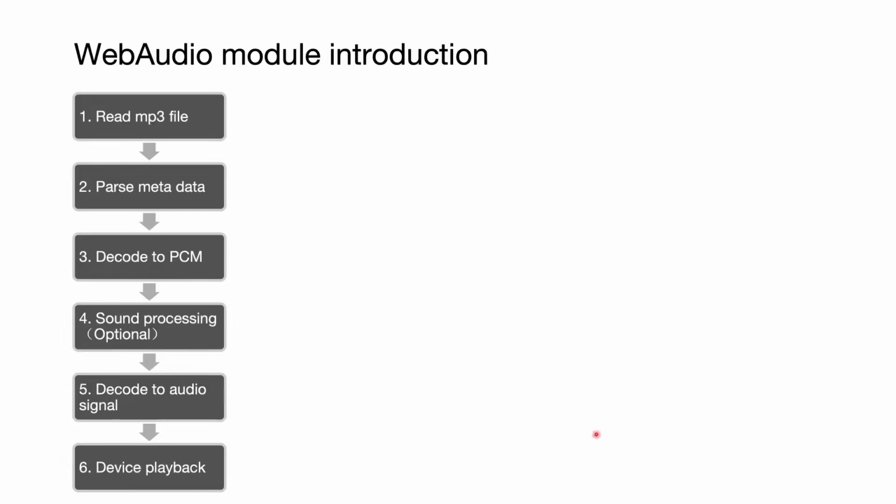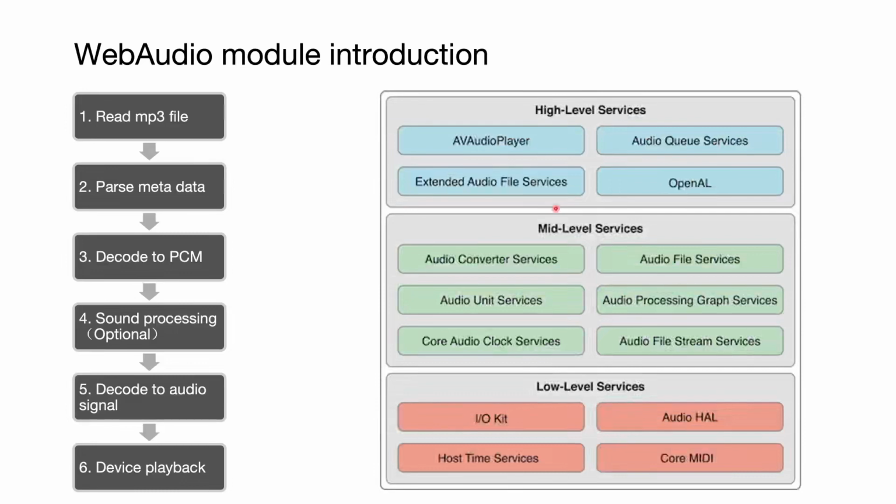We can see that steps 2, 3, and 5 are all analyzing a piece of input buffer, which is very suitable for fuzzing. Apple provides APIs at different levels for these functions. Some frameworks in low-level services are mostly libraries that deal with hardware.